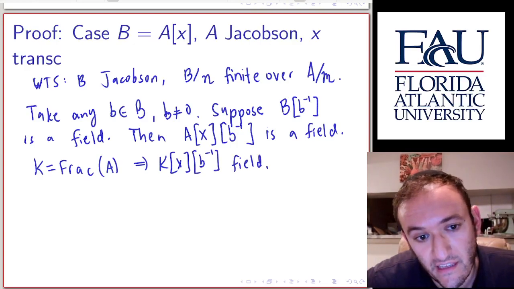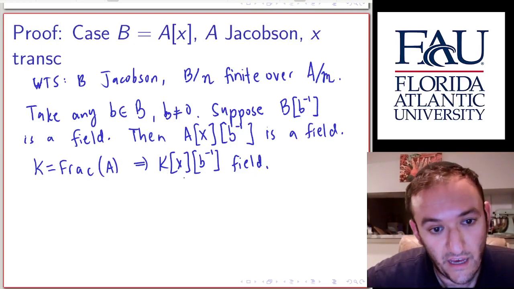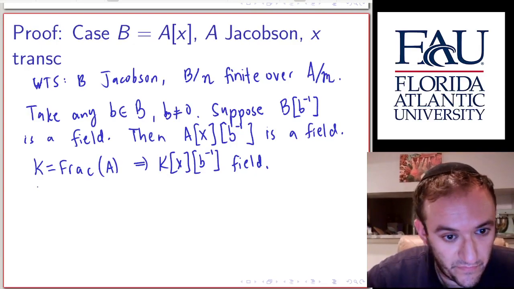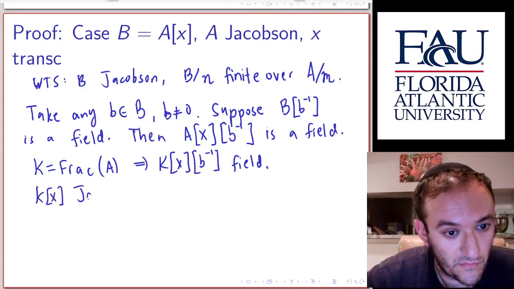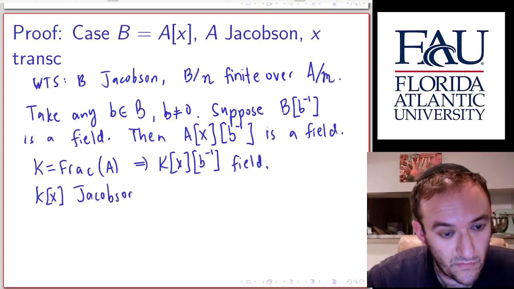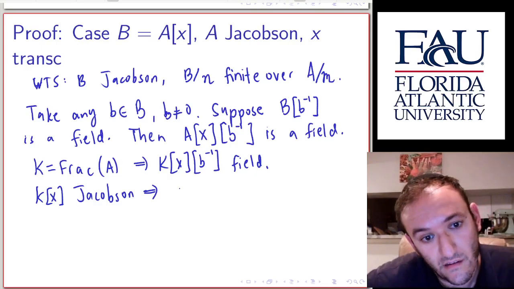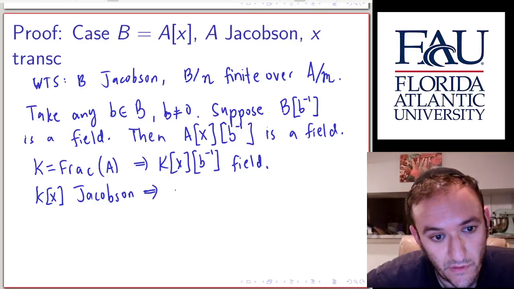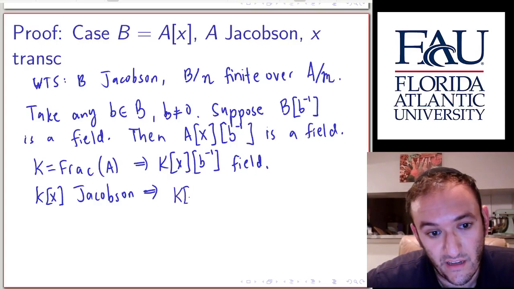But we know that K adjoin X, by the first argument that we just made, will also be Jacobson. And that implies that K adjoin X, b inverse being a field implies that K adjoin X is a field.